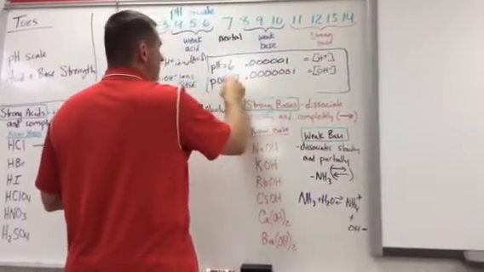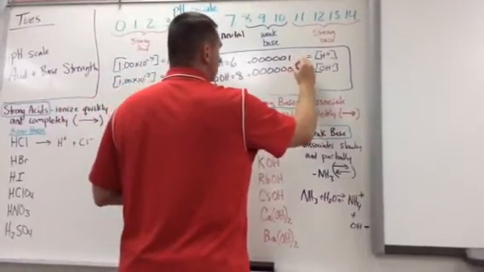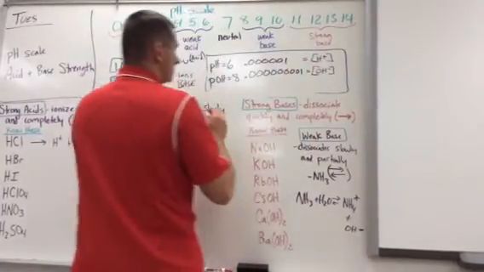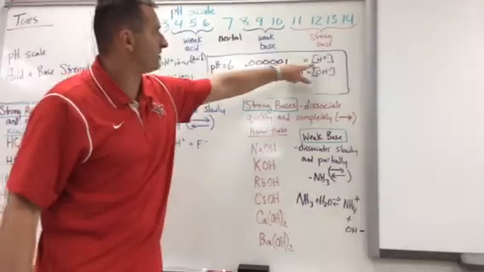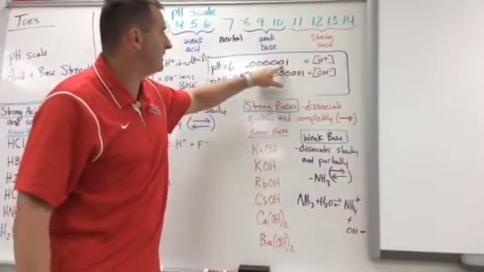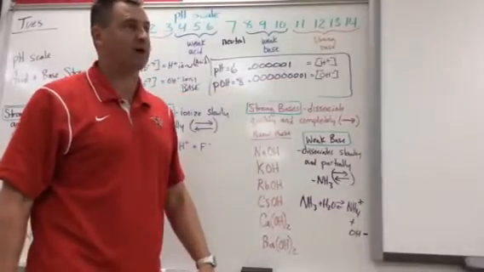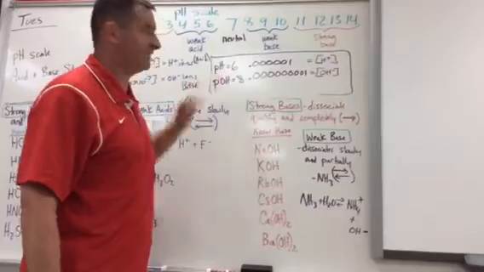And that's going to make my pOH be 8. So now, if you look at it, my concentration of H plus ions is bigger, not by much, but it's bigger than my concentration of OH minus ions. So I have more H plus, which makes it an acid.